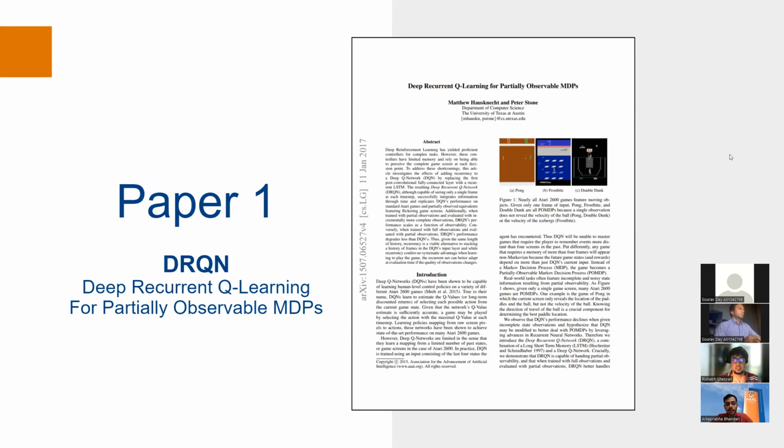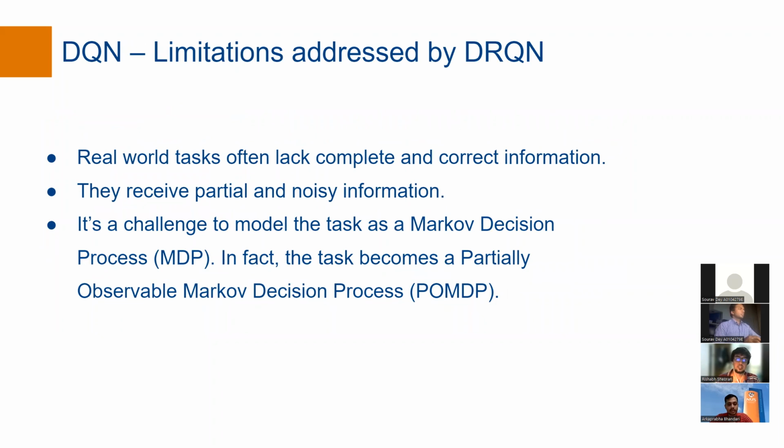The first paper, Deep Recurrent Q Learning for Partially Observable MDPs, addresses the first issue of limited memory of DQNs. DRQN is capable of overcoming the above problem. The authors propose a model which introduces recurrency into the deep Q network using an LSTM.